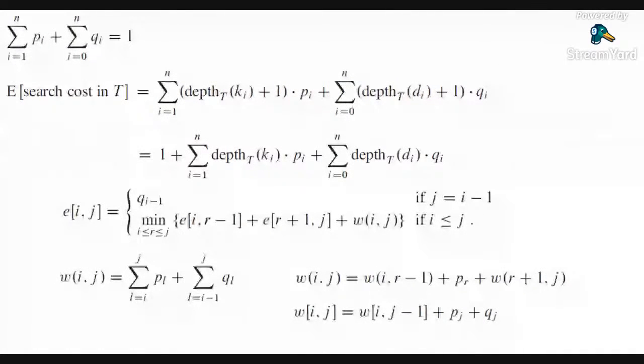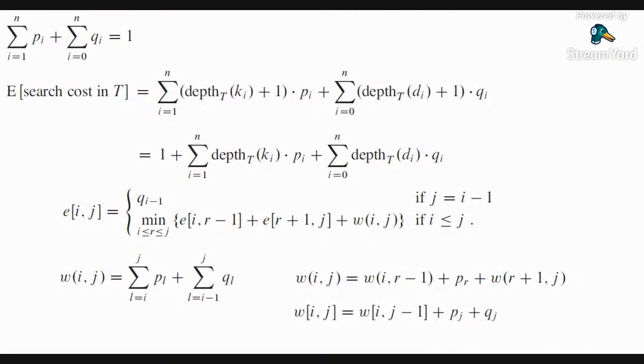Now we will define the characteristic equation E[i,j]. E[i,j] is nothing but the minimum cost of the optimal binary search tree by considering the keys from i to j and by considering unsuccessful keys from d(i-1) to dj.